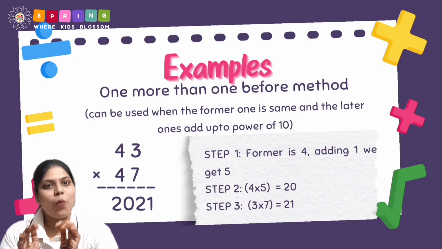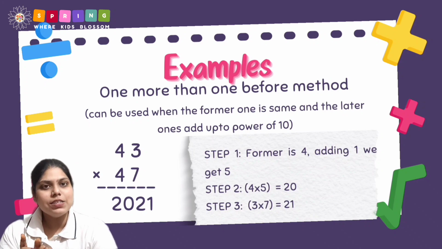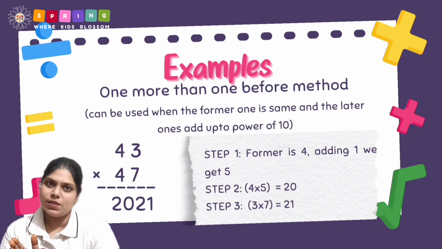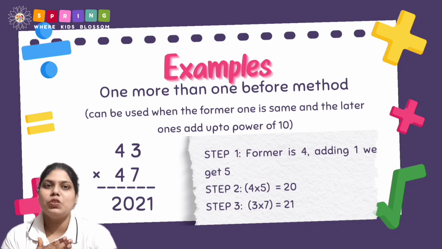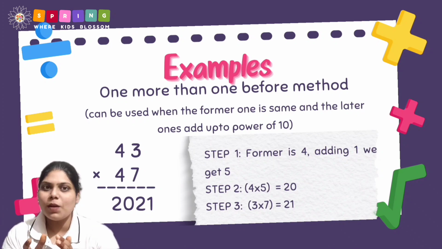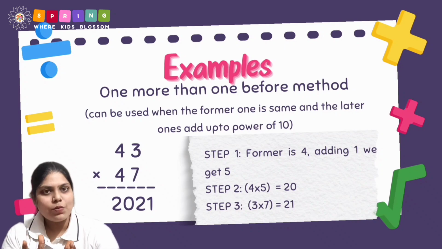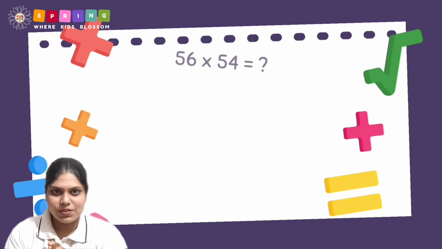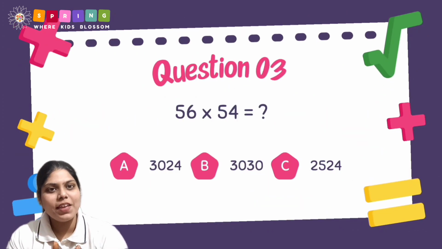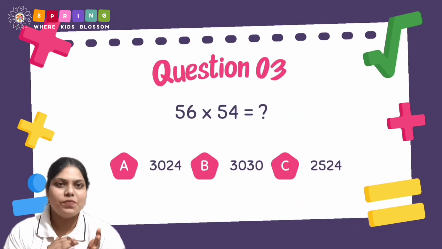The ones place numbers, that is 3 and 7, we simply have to multiply them, that is 3 into 7, which is 21. Now combine the numbers together and your final result will be 2021.